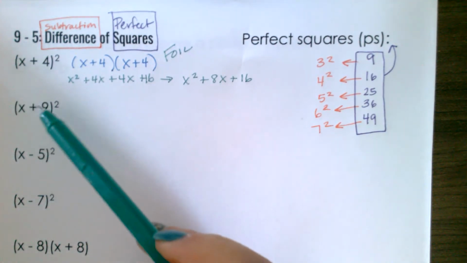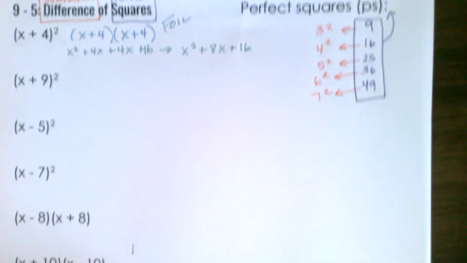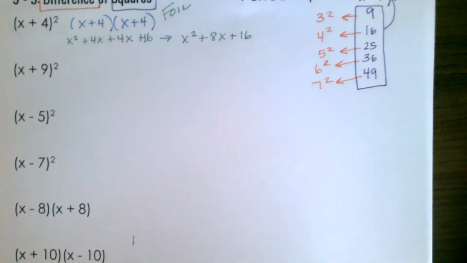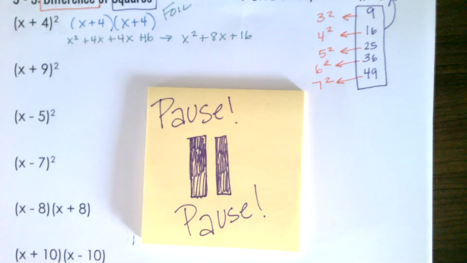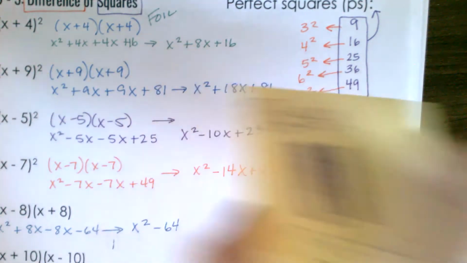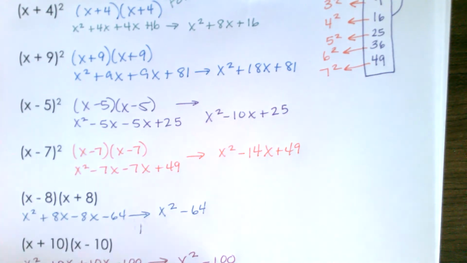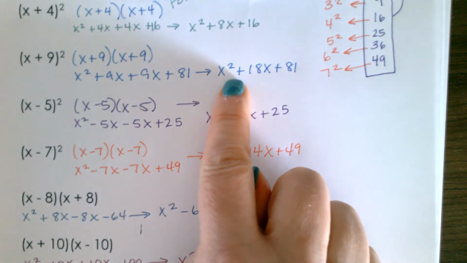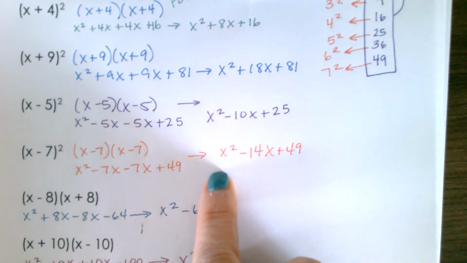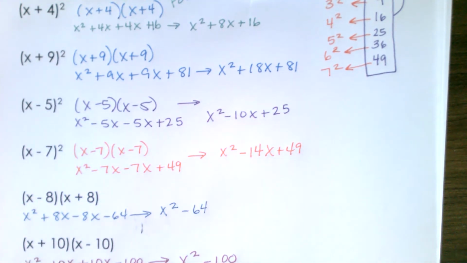All right, please pause the video and finish FOILing for me through the x plus 10, x minus 10. We'll compare answers in a moment. Thank you for pausing the video. Take a moment, compare your answers to mine. x squared plus 18x plus 81. x squared minus 10x plus 25. x squared minus 14x plus 49.